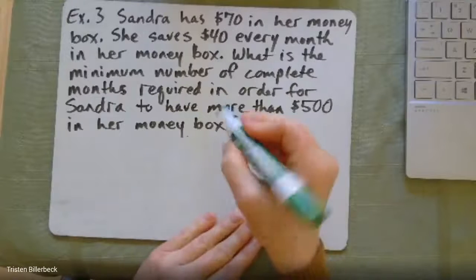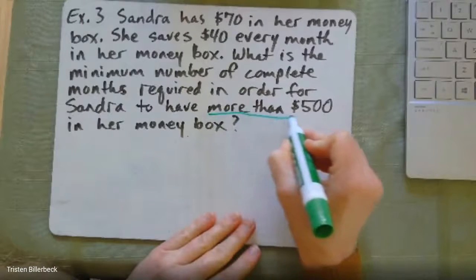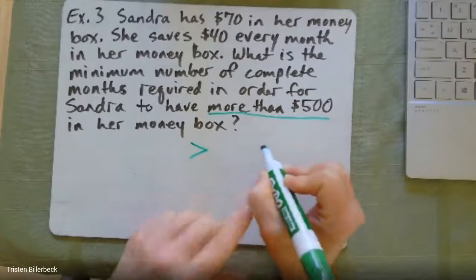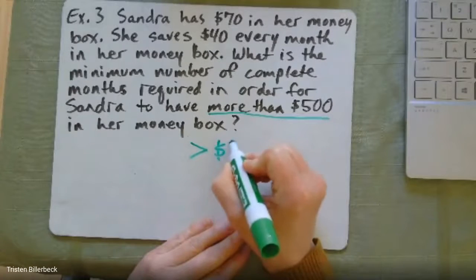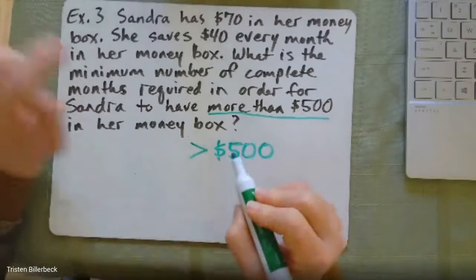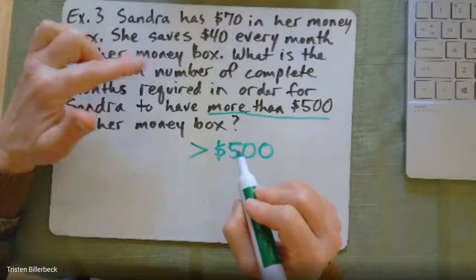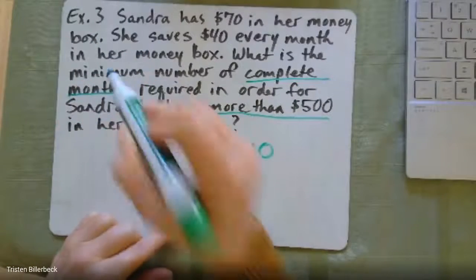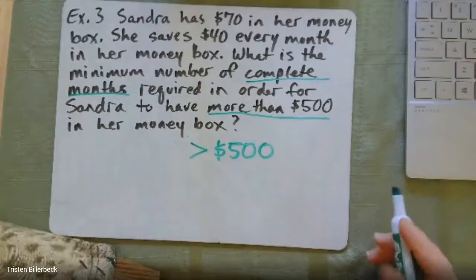So more than 500. Okay, so we want more than 500, not equal to, but more than. Okay, and we want the minimum number of complete months. Okay, so we can't have a decimal in months.